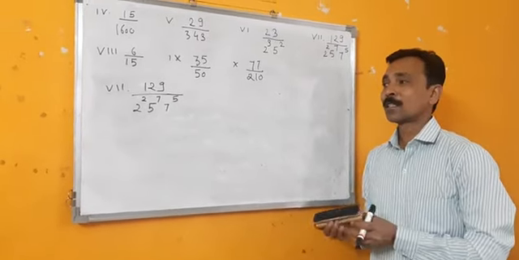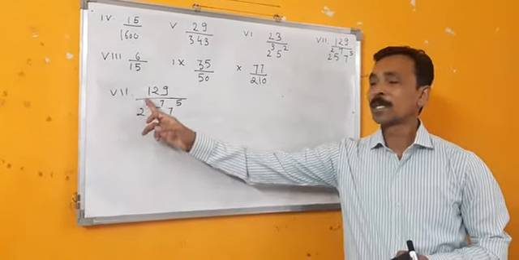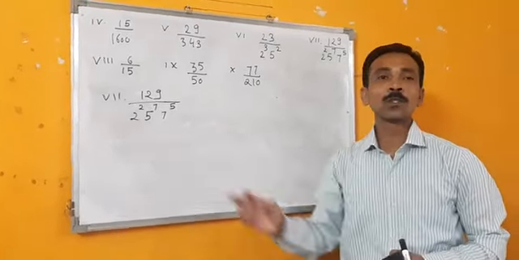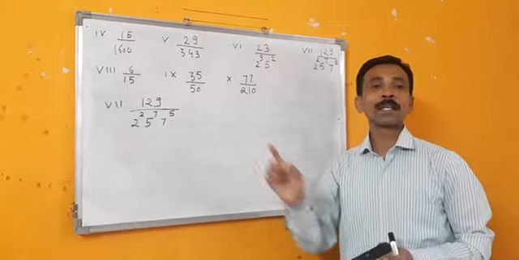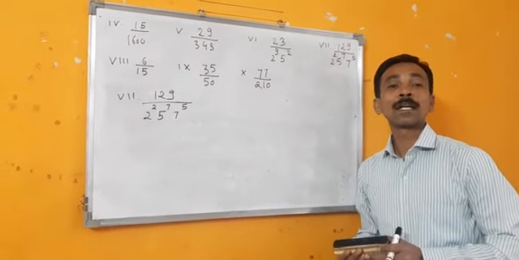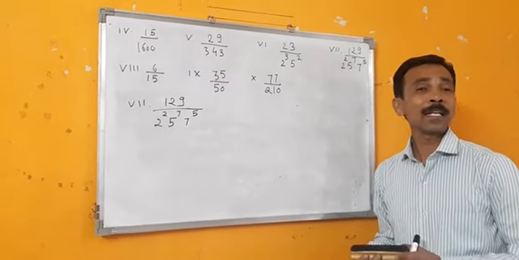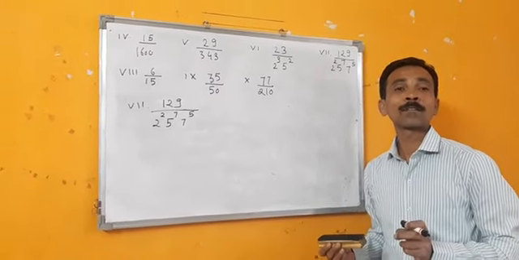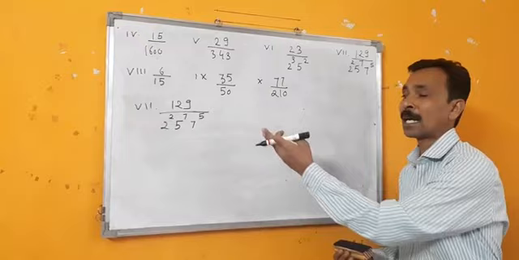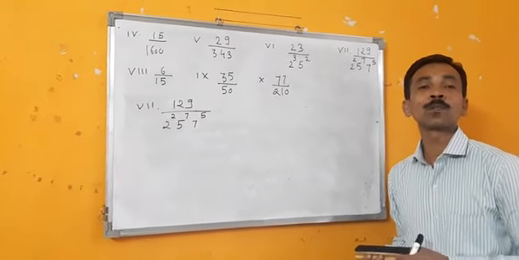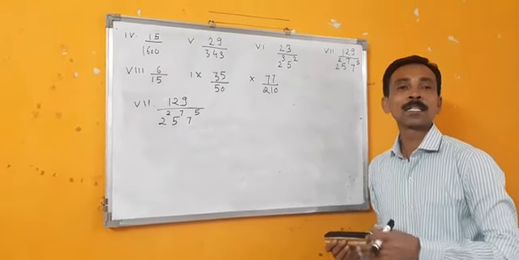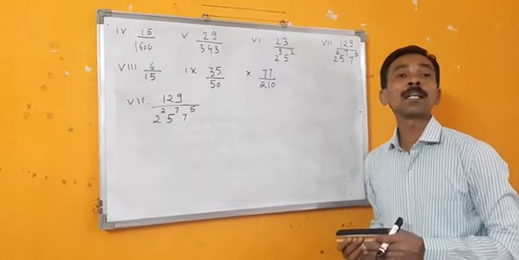But see, 2 raised to 2 is here, into 5 raised to 7 is there, but 7 raised to 5 is there, other than 2 raised to n into 5 raised to m. So we don't want any other number other than 5 and 2. So here as 7 is there in the denominator with 2 and 5, the fraction is a non-terminating decimal expansion.